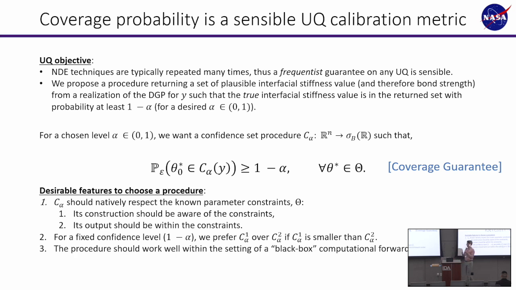And finally, as you can see from the setting here, we're interested in developing methods that work natively with so-called black box computational forward models. Of course, this talk is about a particular NDE application, but I know you folks deal with a lot of different types of settings, and so if you have a setting that involves any sort of black box computational model, I'd like to suggest that maybe you can do something similar here.